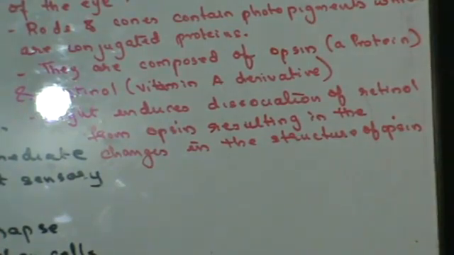As soon as light falls on the photopigments, you would have retinol that would separate out from the opsin. As a result, the structure of the opsin would change, right?